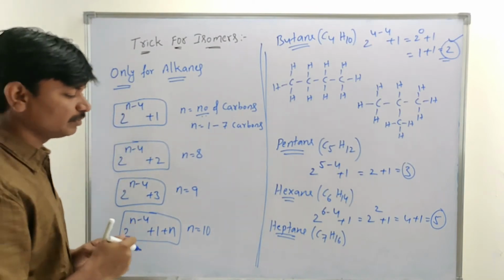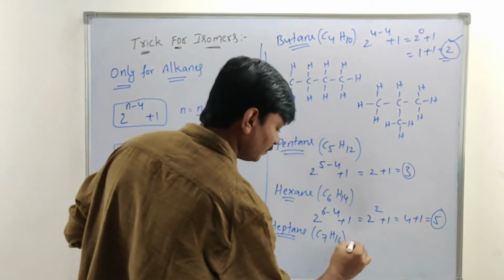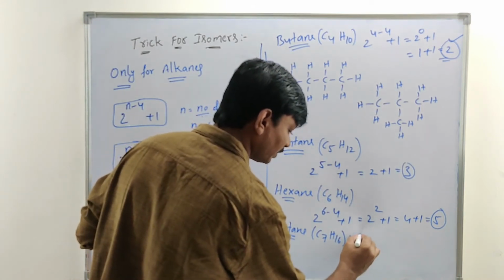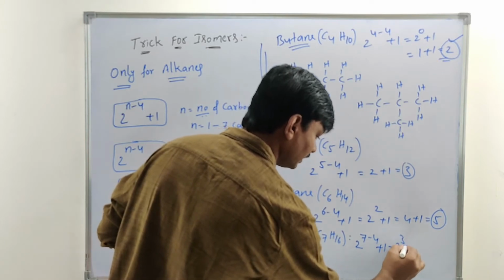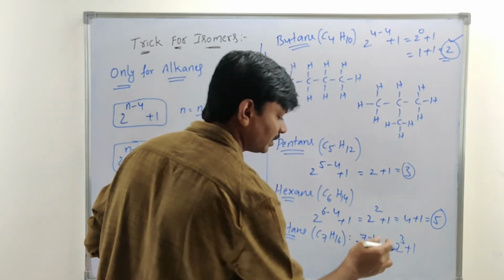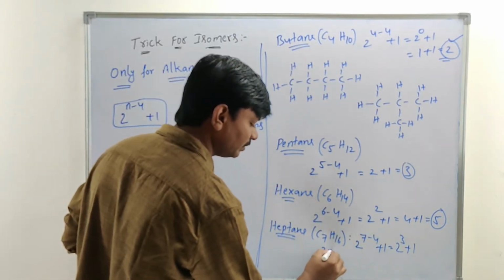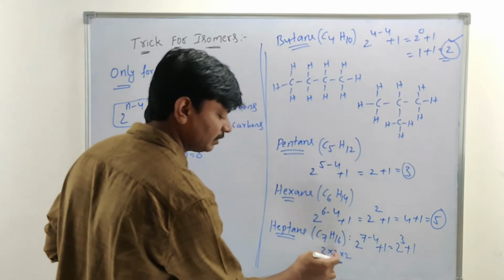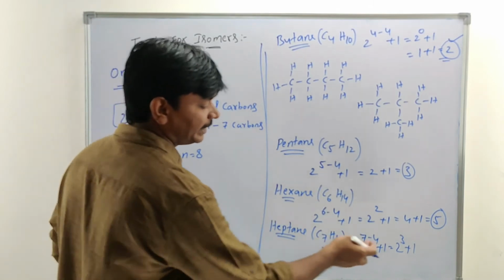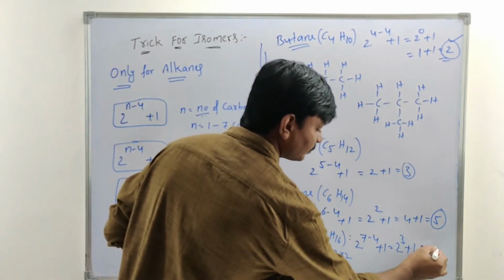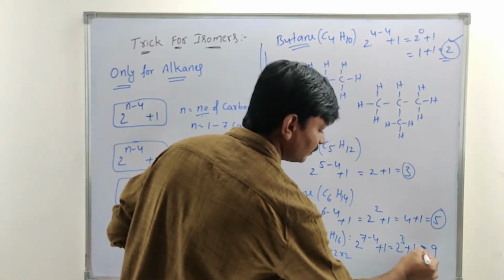For heptane, 2 power of 7 minus 4 plus 1 equals 2 power of 3 plus 1. 2 power of 3 means 2 into 2 into 2: 2 into 2 is 4, 4 into 2 is 8. 8 plus 1, total 9 isomers.